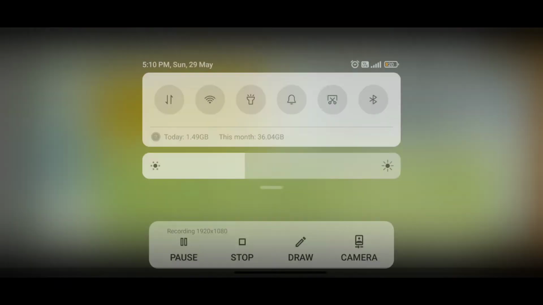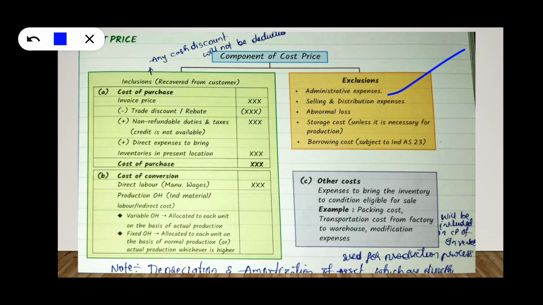But what are excluded? Admin expenses. For example, the admin department which sees HR-related work, training costs, giving training to the employees, and preparing the payroll, all that. These admin expenses are excluded.